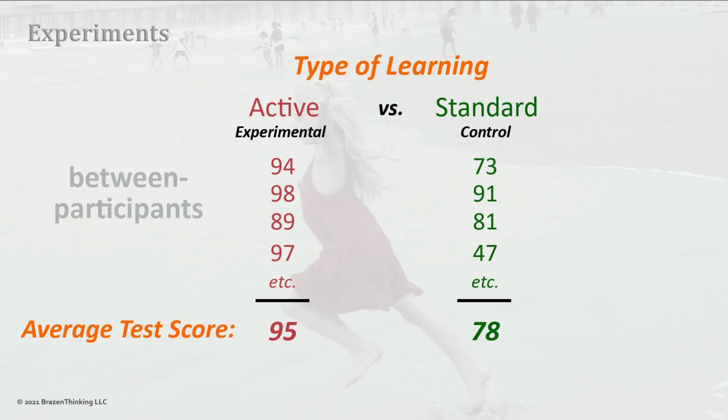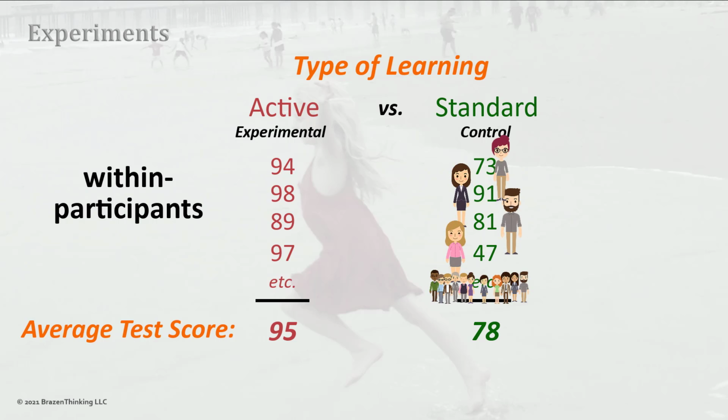How you do that depends on whether you're running a between participants experiment or a within participants experiment. It might seem obvious that you'd just have the people in the control group be the same people that are in the experimental group. Then you'd know that without you manipulating their experiences, those two groups of people wouldn't differ at all.